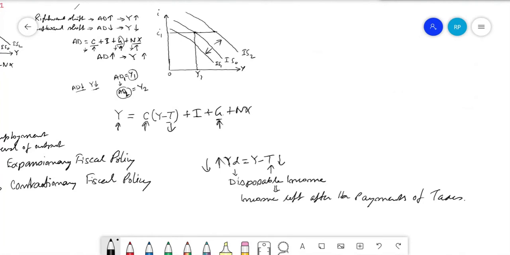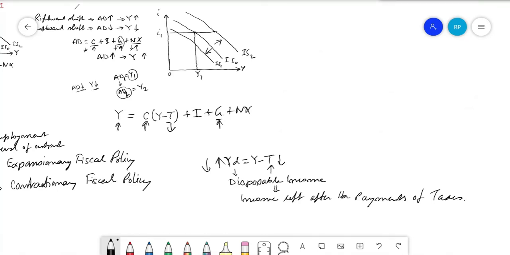I am not explaining this in the IS-LM model. I want you to know what the IS curve is, what the points above and below the IS curve are, what the movement along the IS curve is, how the IS curve will shift, and I also want to relate fiscal policy with the IS curve.